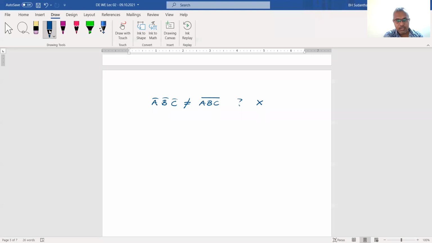Okay, how can we check if you have this type of problem? Then you can use a truth table here. For the moment, for simplicity, I'll take this one.